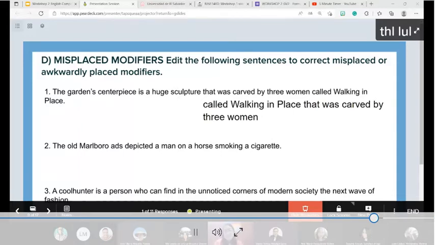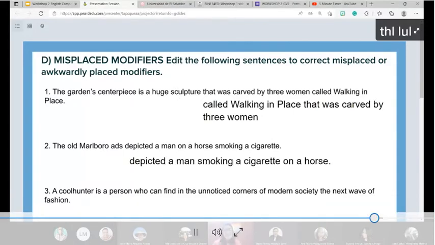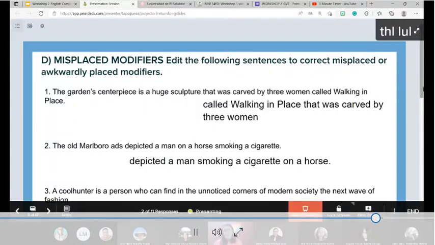Think about it. So the old Marlboro ads depicted a man smoking a cigarette on a horse. I cannot imagine the horse smoking, right? So the man was on the horse.